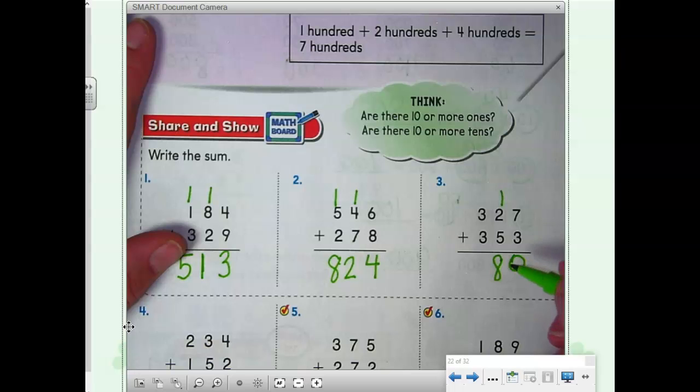All right, do we need to regroup again? No. So 3 plus 3 equals 6. 680.